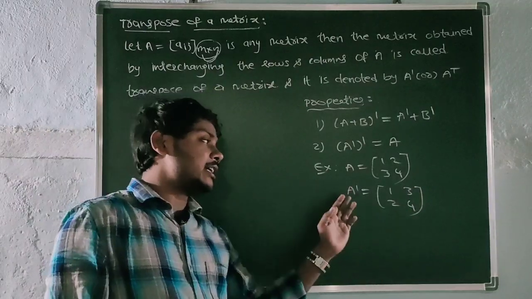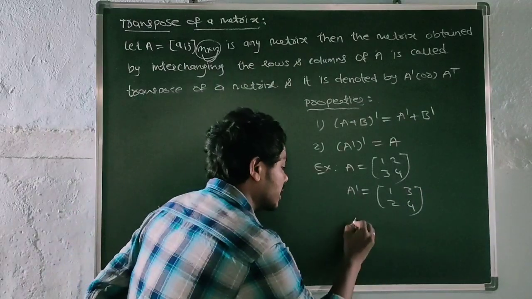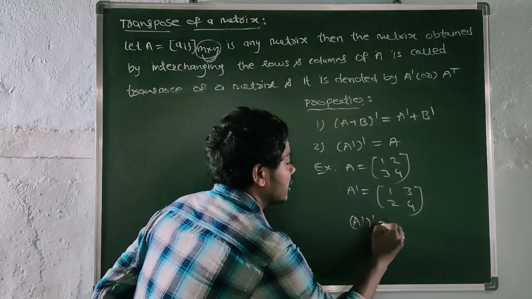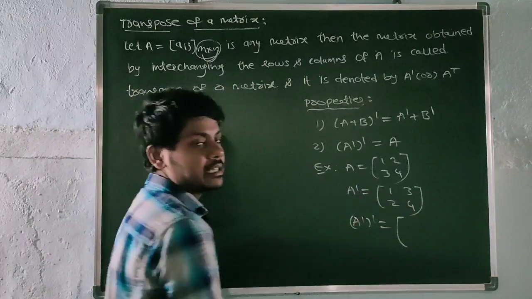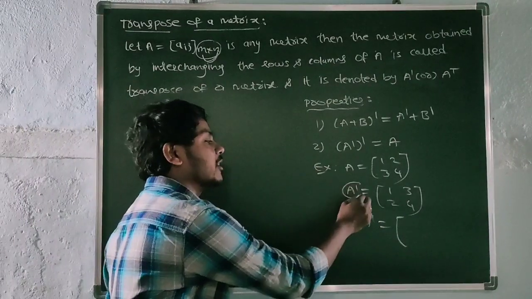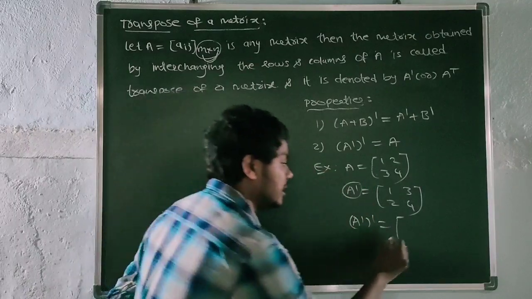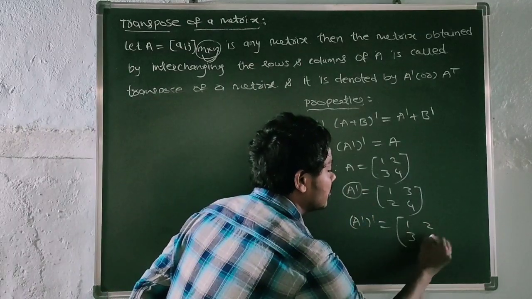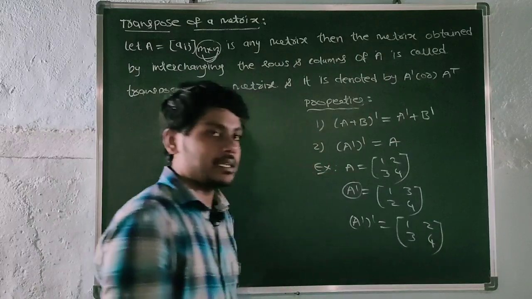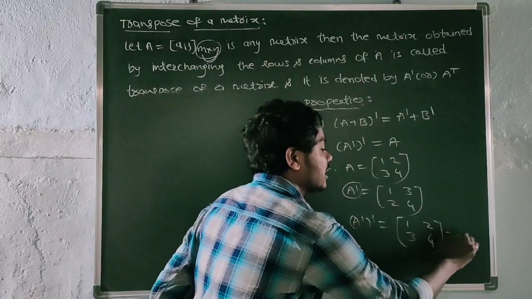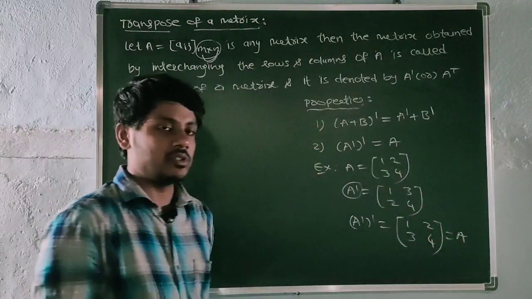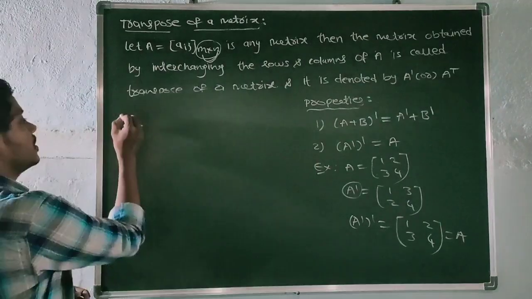Now again the transpose of this matrix, A transpose whole transpose, is again interchanging the rows and columns of A transpose. That is 1, 2, 3, 4. So again you will get the matrix A. So this is the second property.